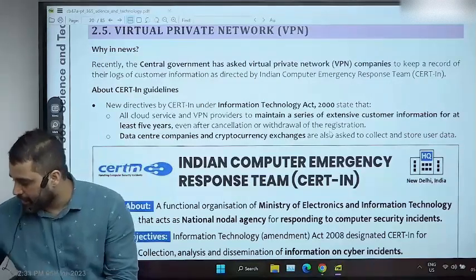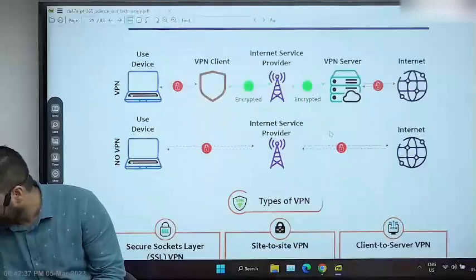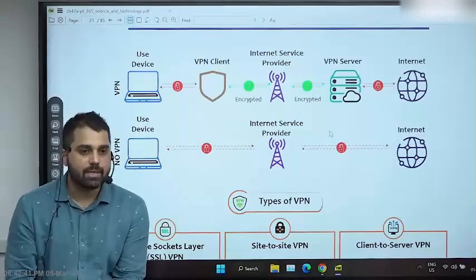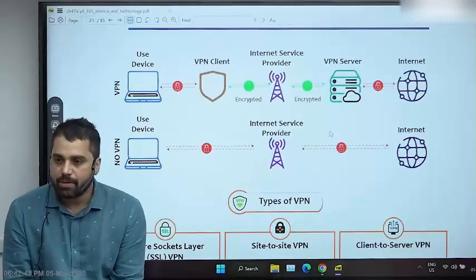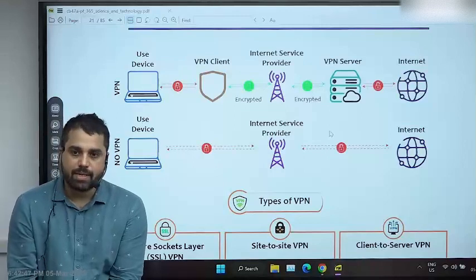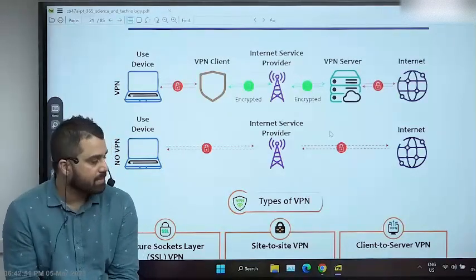So let me briefly explain what is virtual private network. Internet works because all of us are following certain rules and certain protocols. One of the most important protocol here is that जितने भी devices हैं उन सबका एक unique address है. That is simply called IP address, Internet Protocol Address.